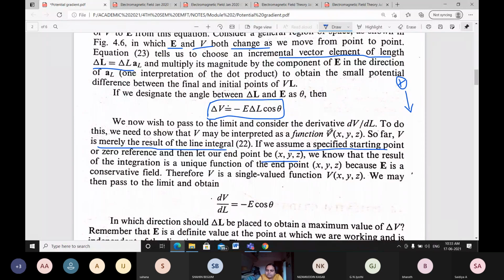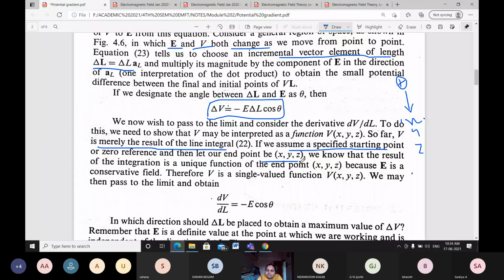Means we are taking the function V of x, y, z, moving from any specified starting point or from the zero reference, and the end point is x, y, z. Then we know that the result of the integration is a unique function of the endpoint x, y, z, because E is a conservative field.